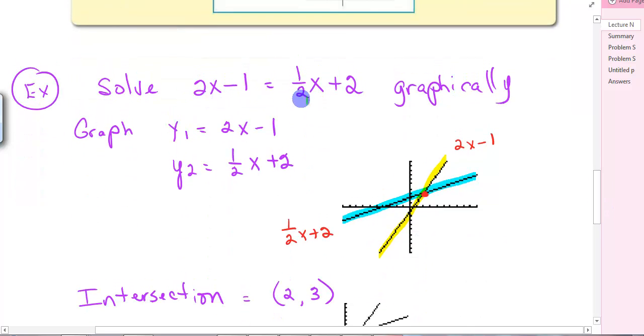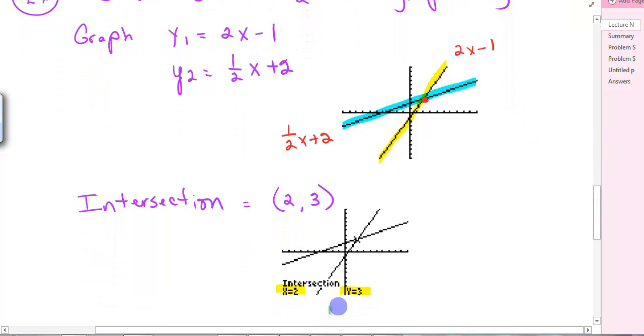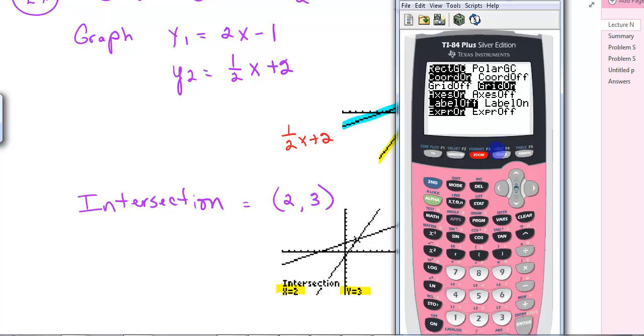Solve 2x minus 1 equals 1/2 x plus 2 graphically. So in your calculator, all right, let's go to y equals.